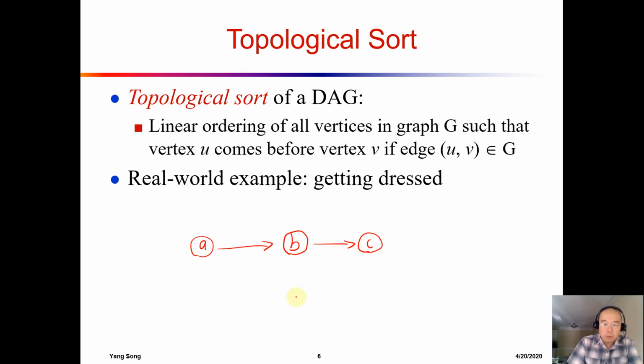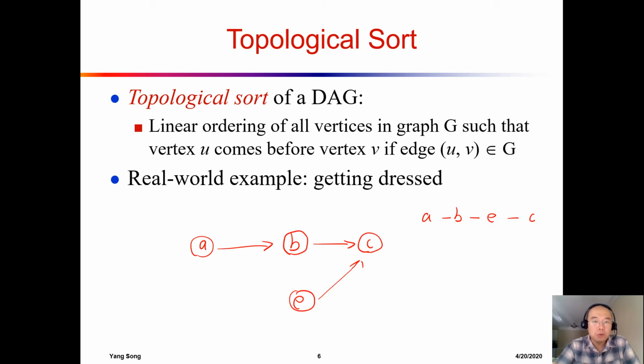Okay, if we want to make it a little bit harder, so if we have an E here, what is the right sequence to do those four steps? So we can do A, B, E, C, right? So we finish A so that we can finish B, and then we finish B so that we can finish C. So this is a DAG, a directed graph without circles, and it defines the sequence required for several steps.